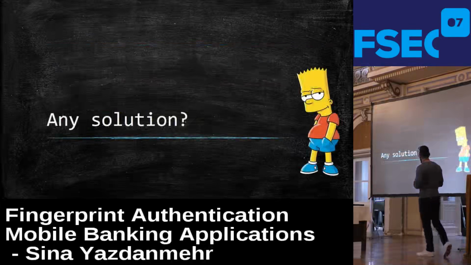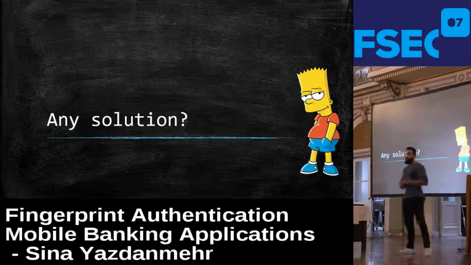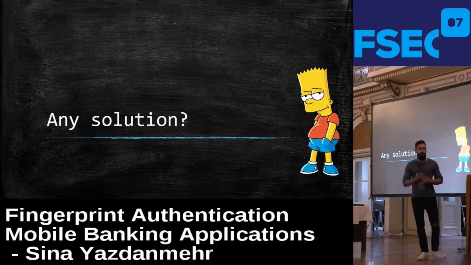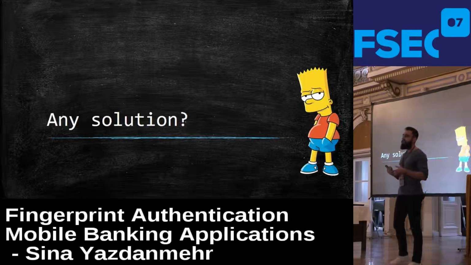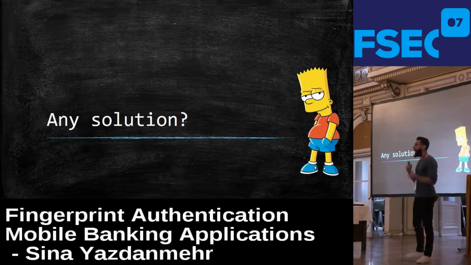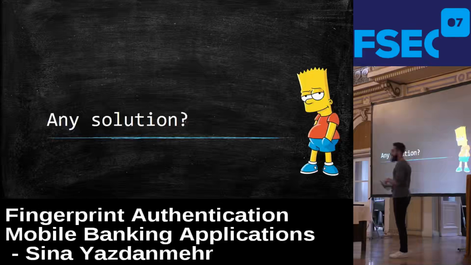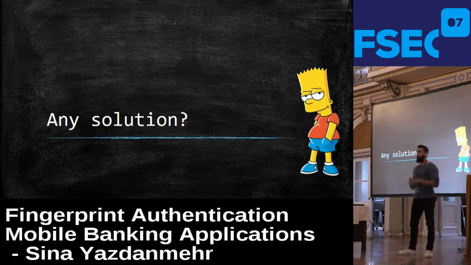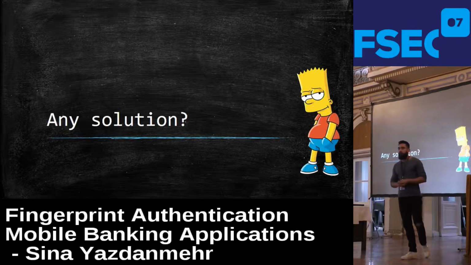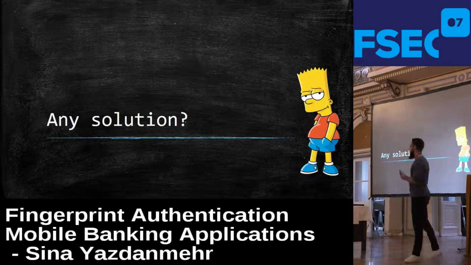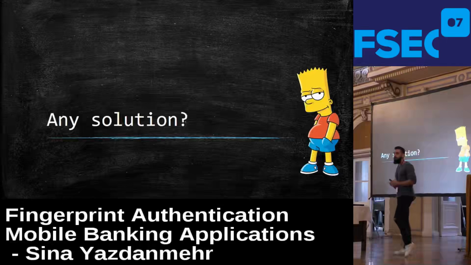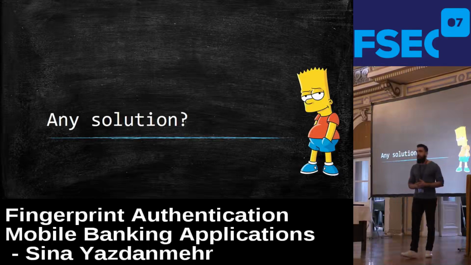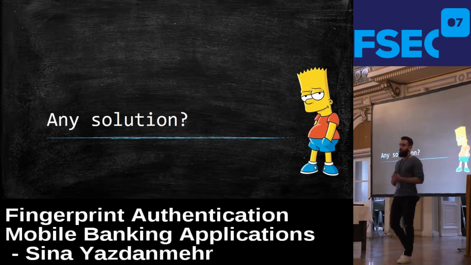Okay. We should find a really easy to implement way, because other approaches need lots of change in the database, in the server-side application, maybe in your network structure. So sometimes in this case, developers avoid upgrading the application or maybe use an insecure way.